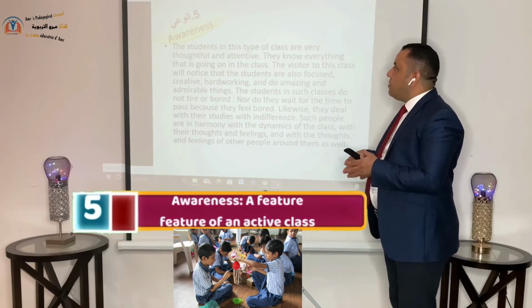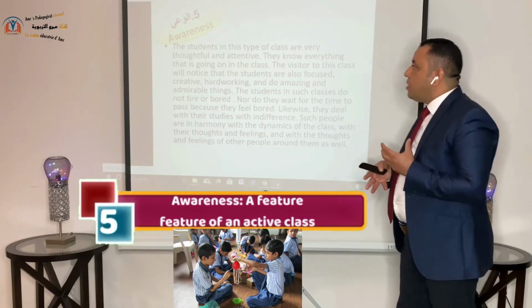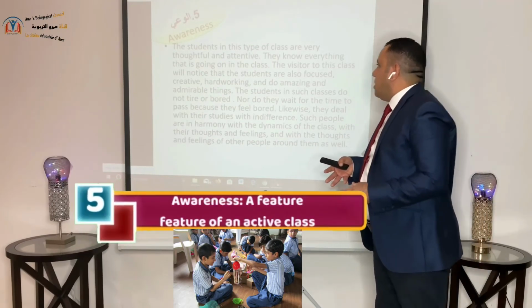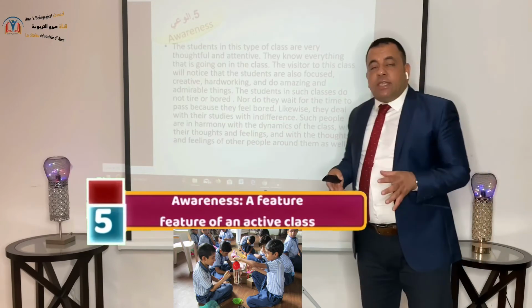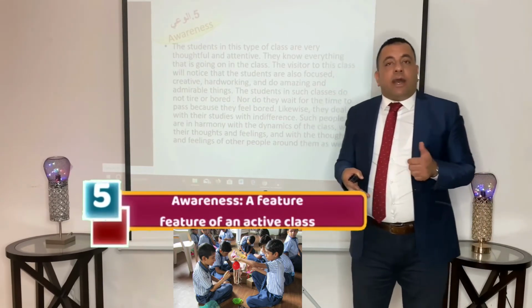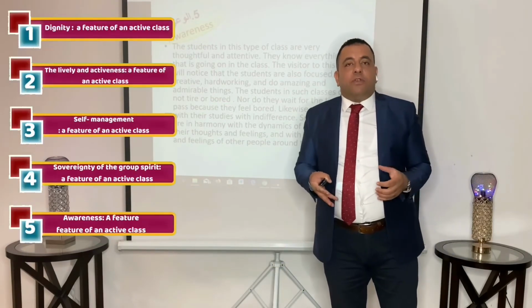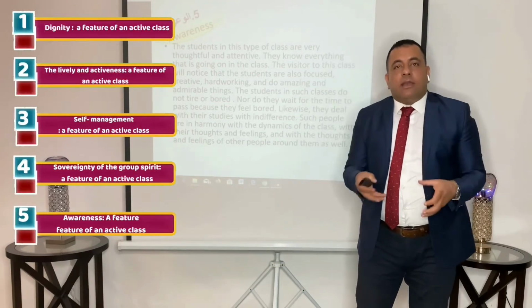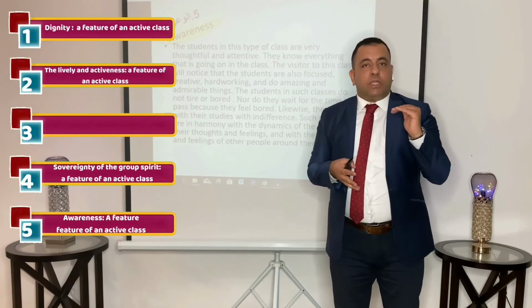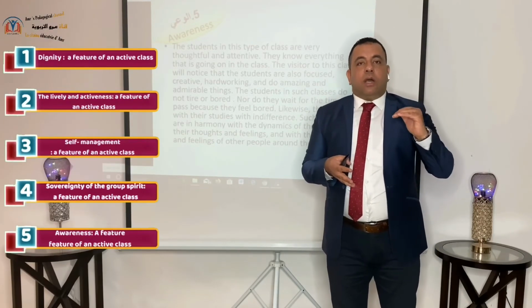Again, you can find that the students in this class are very thoughtful and attentive. They know everything that's going on in the class. If you visit them, you can find the students are very active, very creative, and very cooperative. They understand what's happening in the class. They know the objective of the lesson. They know the outcomes.